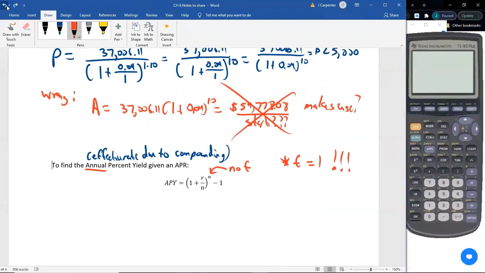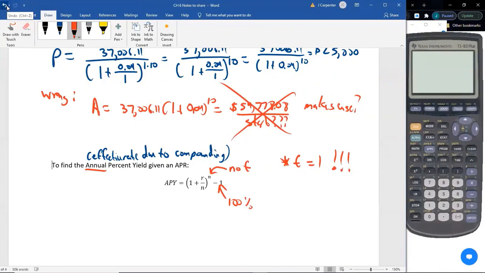So let me explain what the -1 does. We're never going to derive these, but I like to at least partially explain them. You're going to be getting a decimal value out of this. As a decimal, 1 is 100%. So when you do this 1 plus r over n raised to the n, you go from having the 100% that you started with to something like 107%.